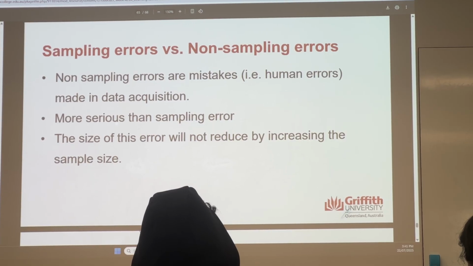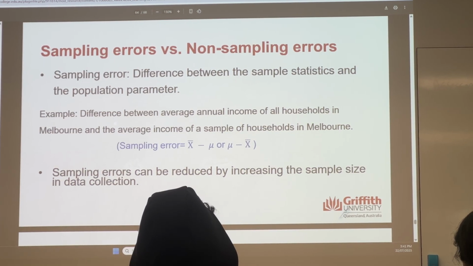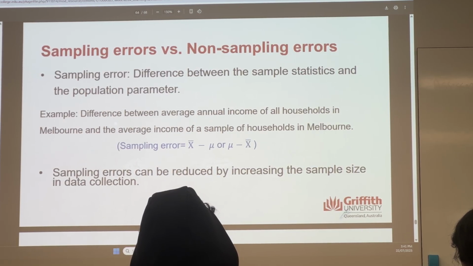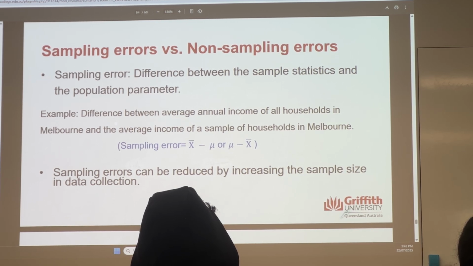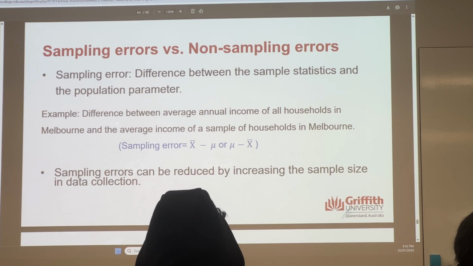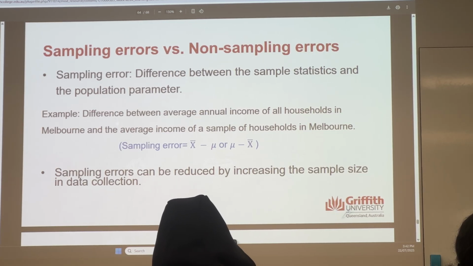A very important thing here is sampling errors versus non-sampling errors. Because you are doing statistics, you should know 100% what a sampling error and a non-sampling error are. Suppose I pick a random sample and it consists only of boys, but actually there are girls as well.